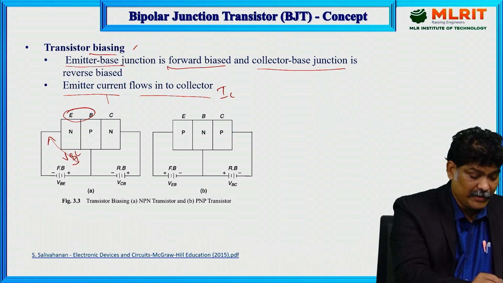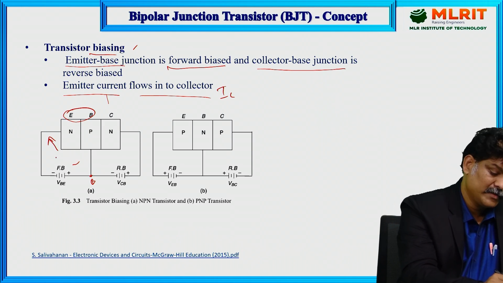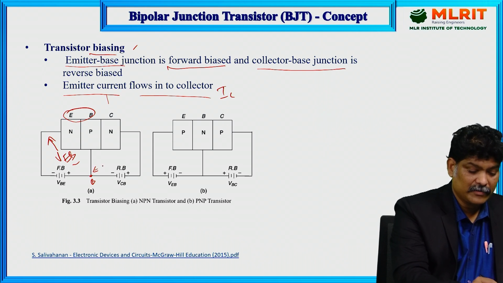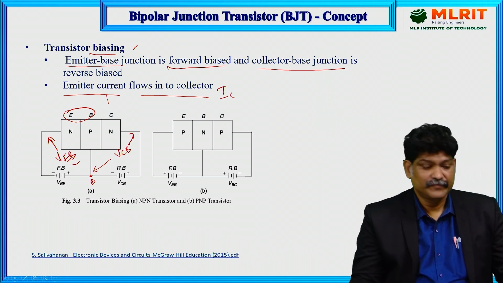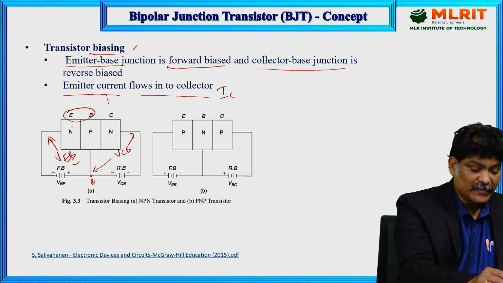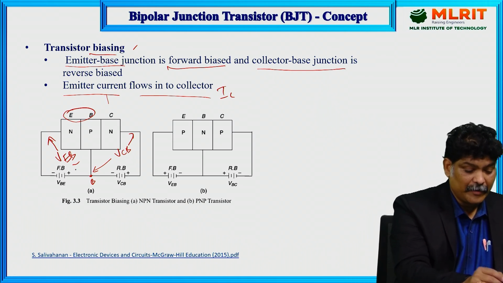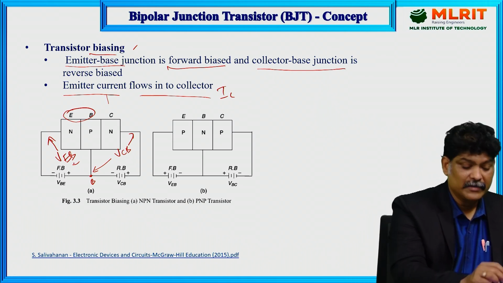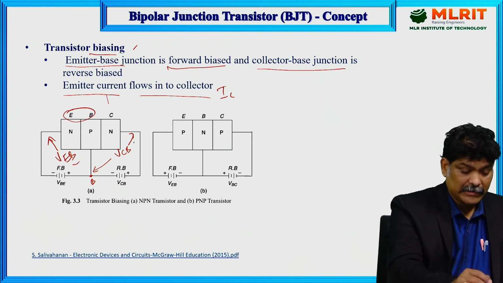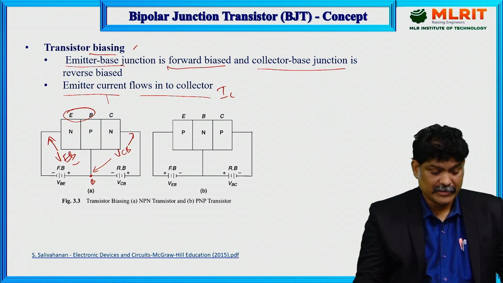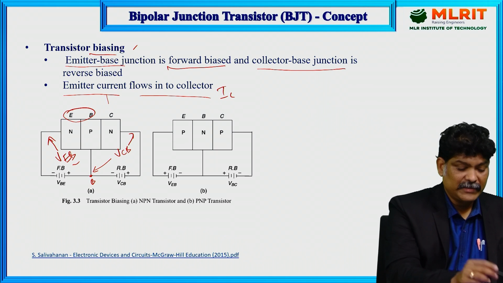Or actually here the base is grounded, no? So base is grounded means this is VEB, and the voltage across this is VCB. Right? So here the emitter base junction is forward bias and the collector base junction is reverse bias. Okay, so this is the biasing.